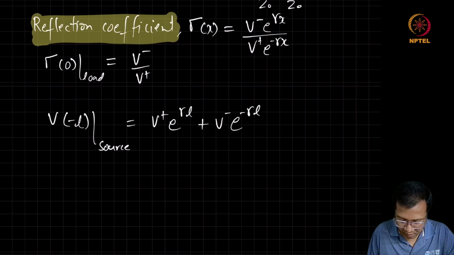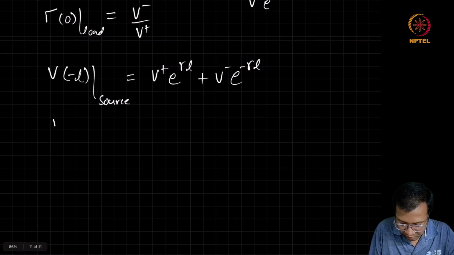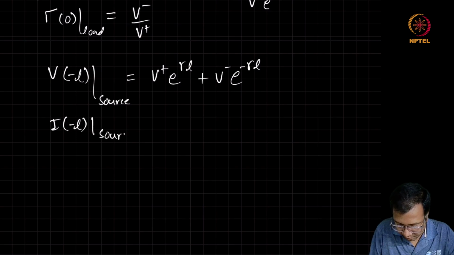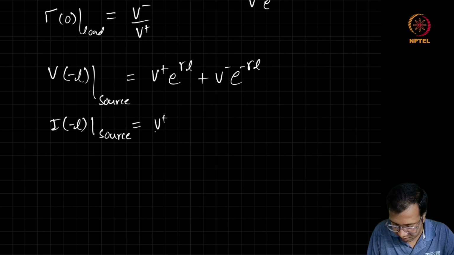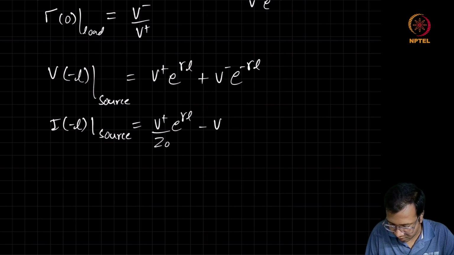And similarly, we can also write the current at the source side as V plus by Z0 e to the power gamma L minus V minus by Z0 e to the power minus gamma L.